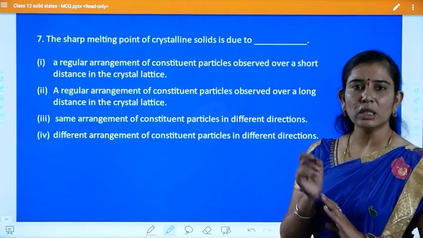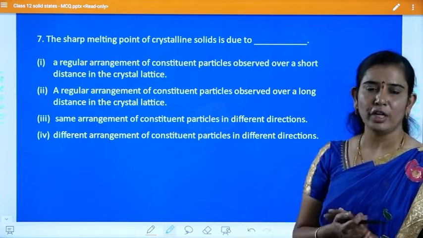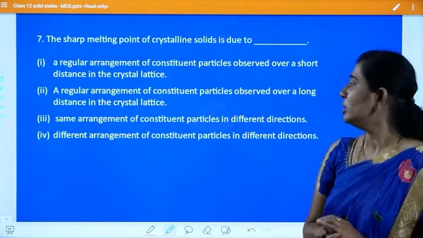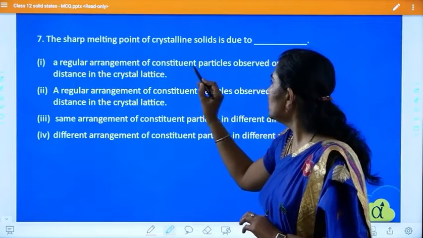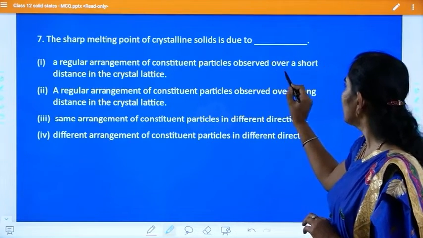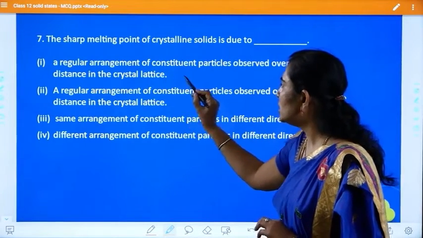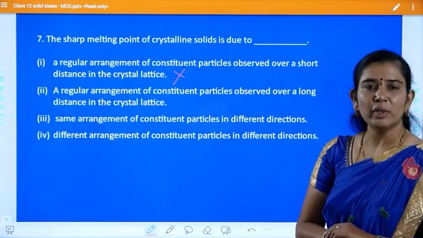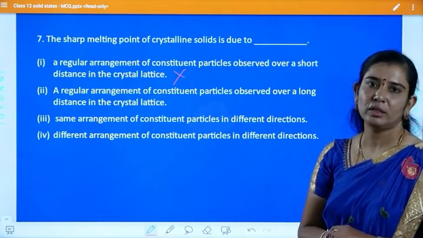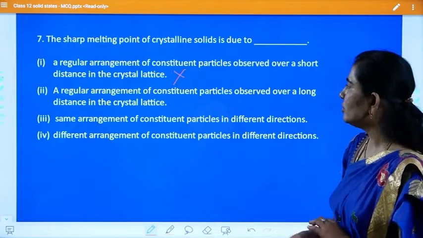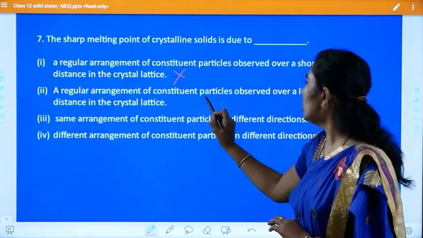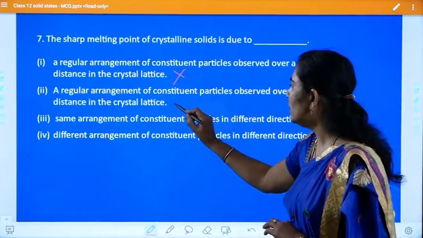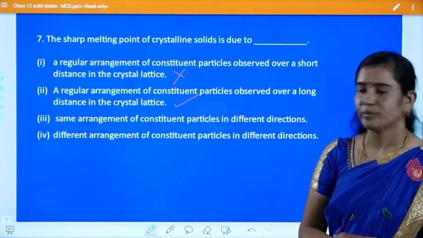So here, the sharp melting point of crystalline solid is due to. Already I told you crystalline solid means regular arrangement, long-range order arrangement. A regular arrangement of constituent particles observed over a short distance in the crystal lattice is wrong, because regular arrangement is observed over a long distance. A regular arrangement of constituent particles observed over a long distance in the crystal lattice, yes, this is correct.